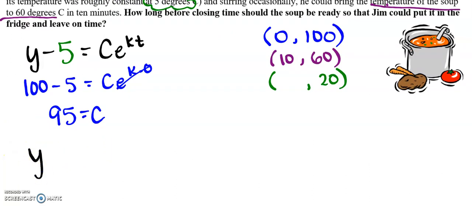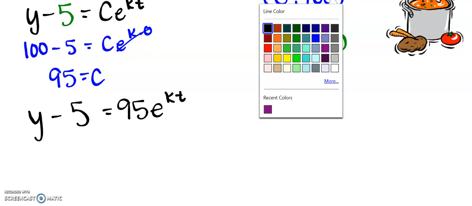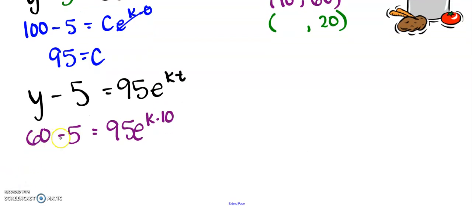So moving along, I'm going to get y minus, that 5 still has to be there. 95 is now my c value. E to the kt. Still building out my equation, I'm going to use that very scientifically researched data point that the temperature was 60 degrees after 10 minutes.